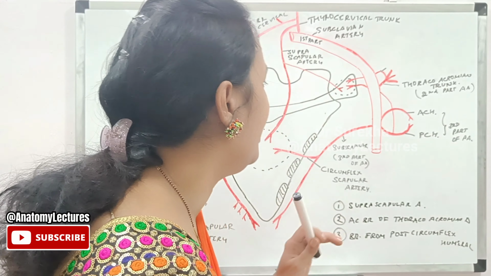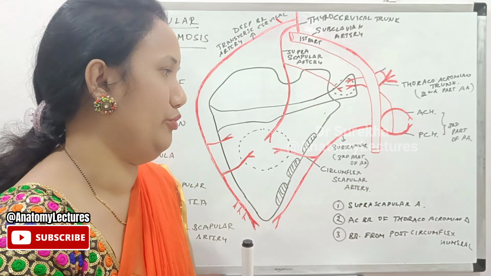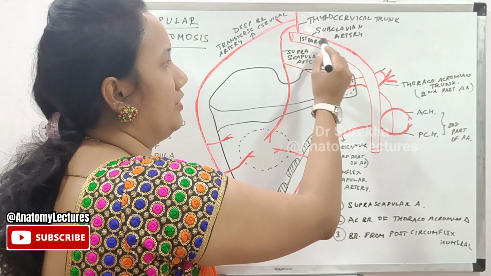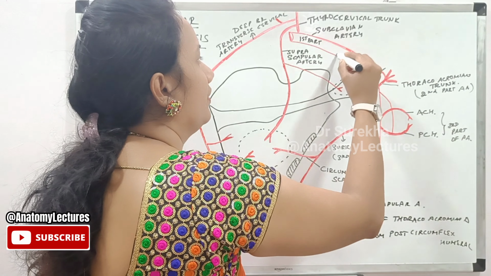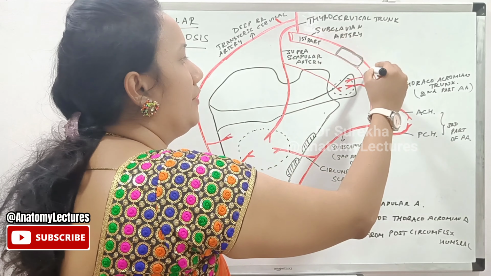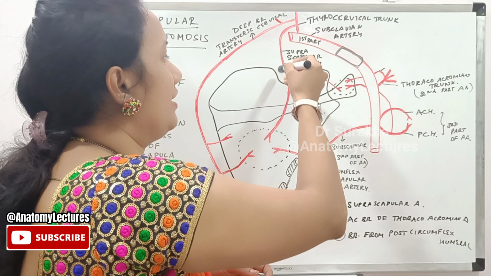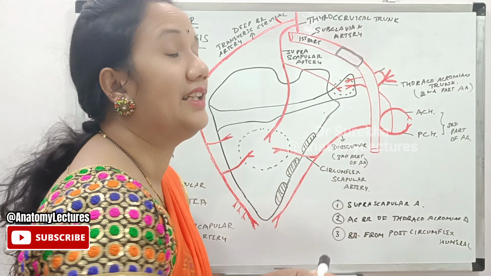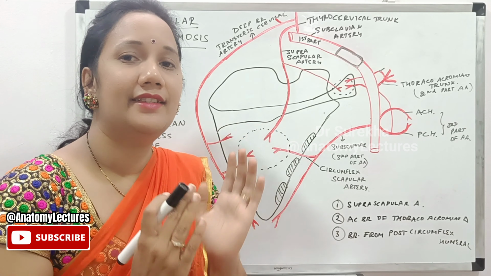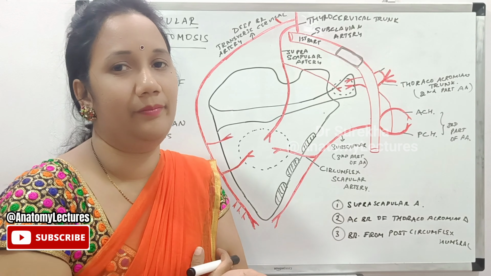So why actually is this scapular anastomosis clinically important? When there is some obstruction at this level, okay, somewhere here in between the subclavian artery and the axillary artery, this anastomosis will act like a collateral circulation, and this will help to maintain the circulation to the upper limb, okay.